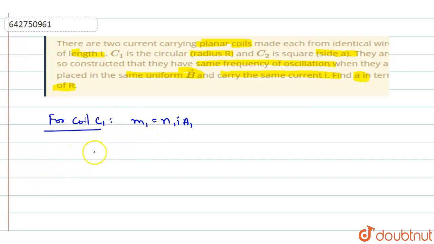M1 is the magnetic moment and N1 is the number of turns. Here the number of turns, it is a radius, no? So it will be L divided by 2 pi R. When you substitute it over here, you will get the magnetic moment M1 equal to L by 2 pi R into I into A1.